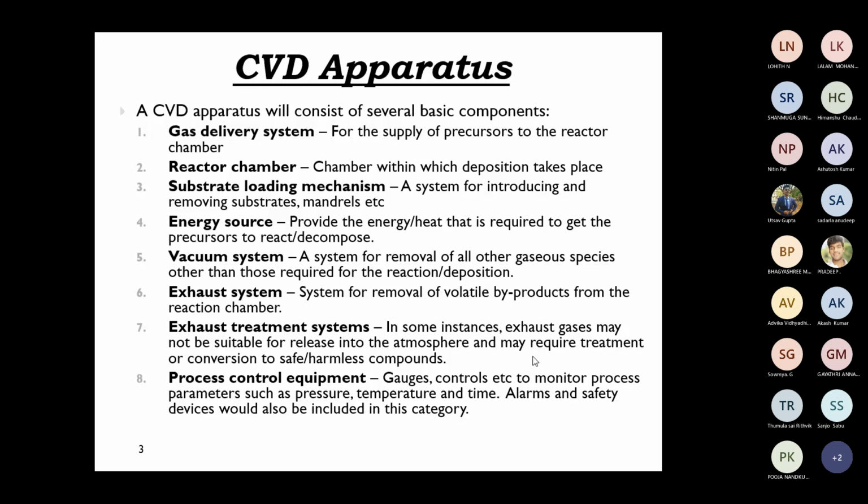If we make some arrangement at the outlet, using some photocatalytic activity, it will degrade to a less harmful species. That is our target. And process control equipment: gauges that monitor pressure, temperature, flow rate, and so on.